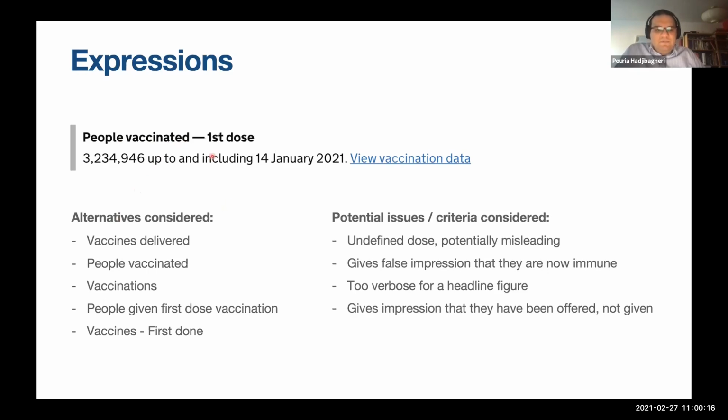So we can't just drop the dose. It has to be there. This is too verbose to be a headline figure. It's just too long. Or it might give the impression that people have been offered vaccination but not given the vaccine.